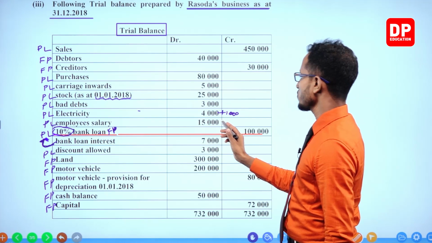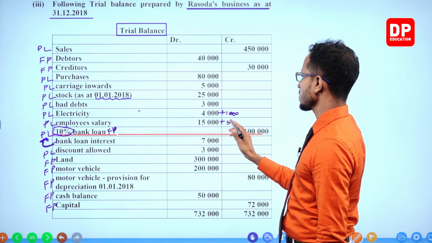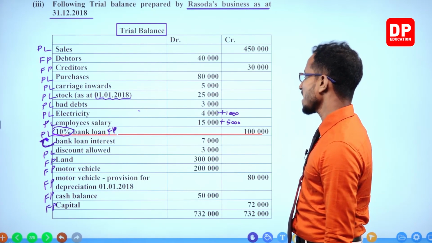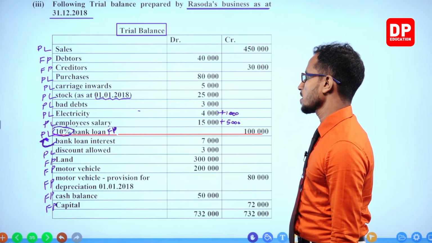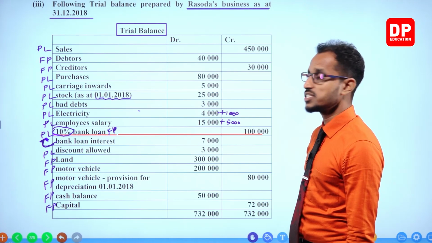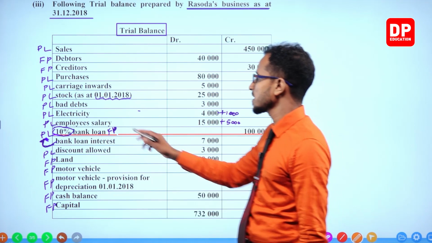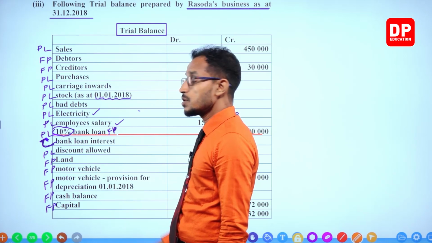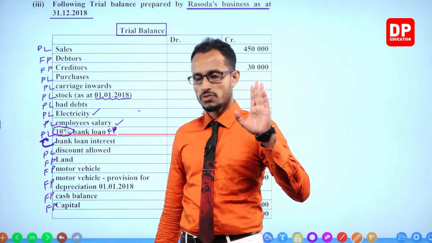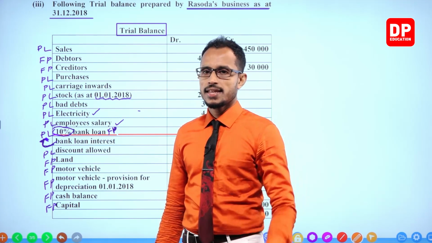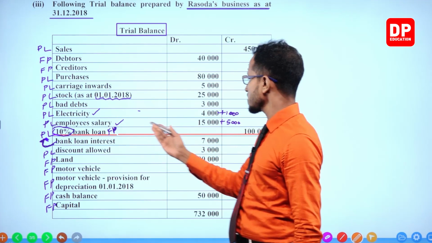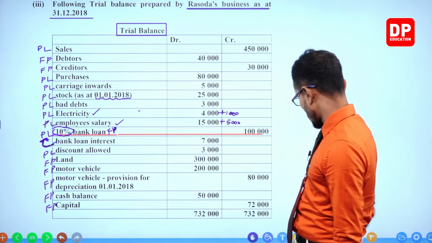Employee salaries, 15,000, plus there was 5,000 accrued. Add that 5,000. Then take the electricity and employees' salaries. After ticking them, don't forget to tick and take. When you take an item from the trial balance, tick and take. Electricity ticked 5,000. Salaries 15 plus 5, 20,000.